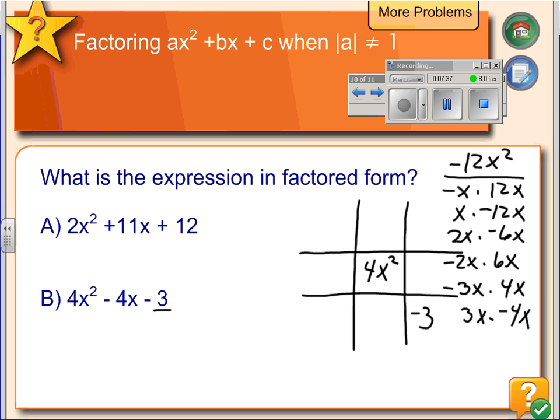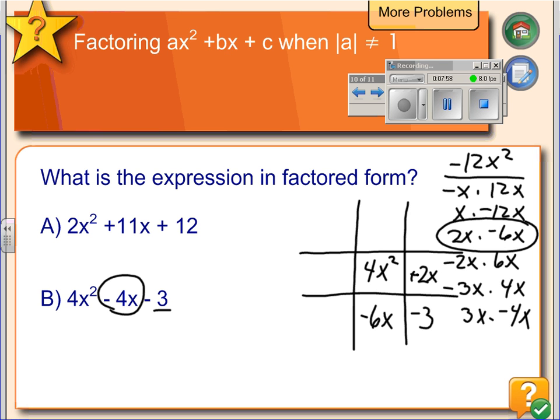And from this list, we're picking the one that adds up to negative 4x, because that's our middle term here. So the one that adds up to negative 4x is 2x and negative 6x. So we put those values in the two squares. Oops, that's positive 2x, negative 6x.